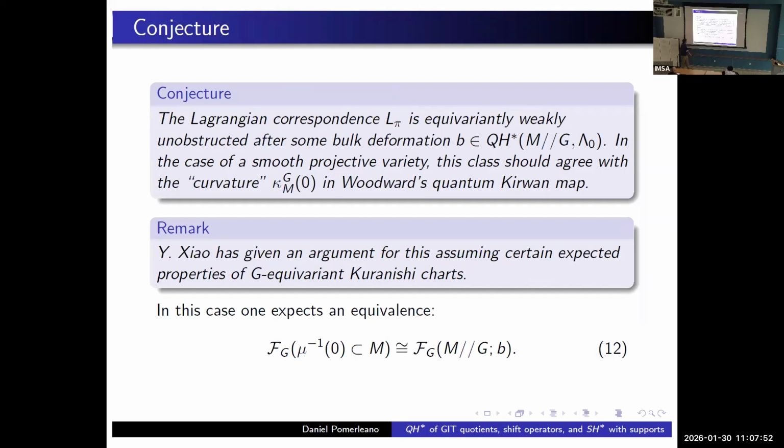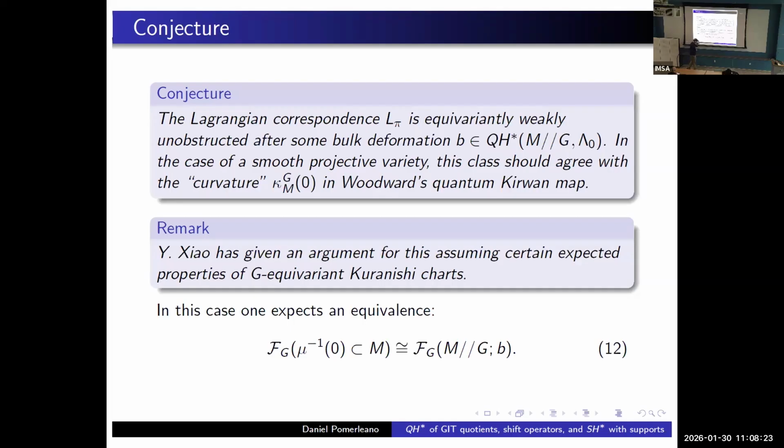And then the claim is that this B should agree with this. I said that in Woodward's quantum Kirwan map, 0 is supposed to move to some other point, that this bounding cochain should agree with this image of 0 under Woodward's quantum Kirwan map.